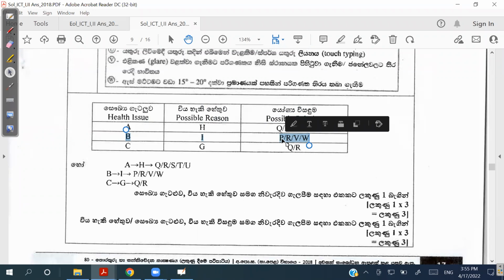And for the issue C, the possible reason is G. It has only two solutions, either Q or R. Right, so if you got all these three lines correct, you can take 1 mark for each line. So 3 marks will be given in total.